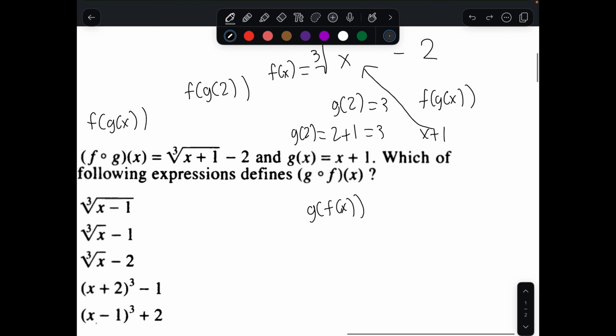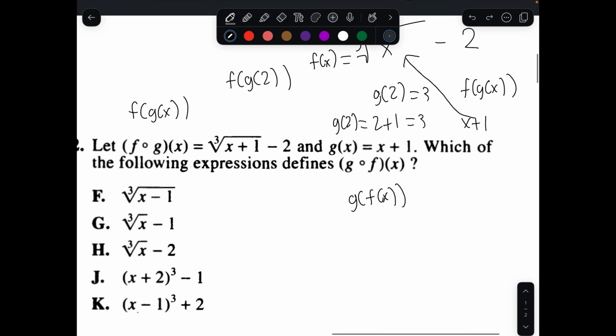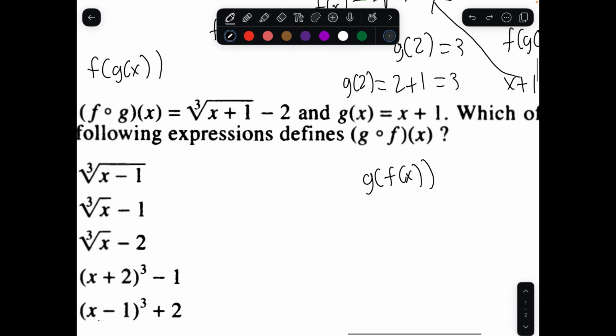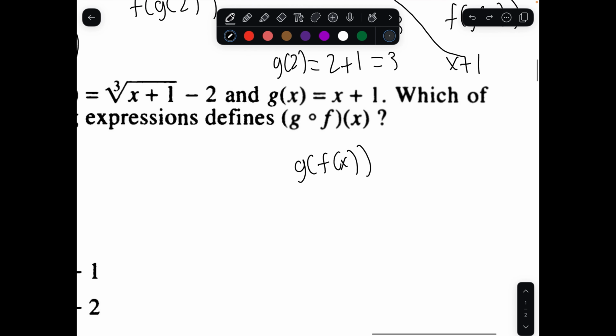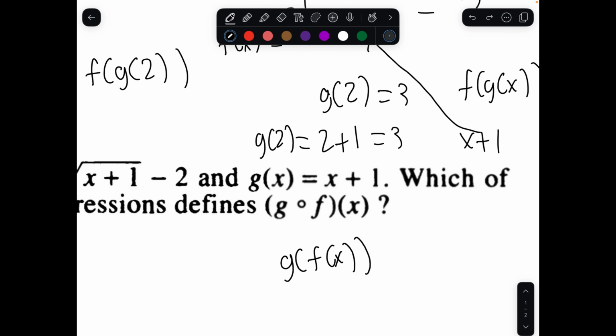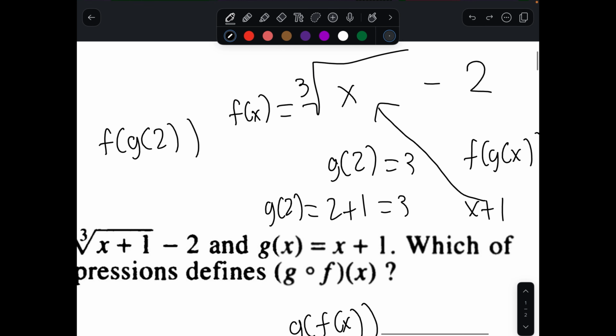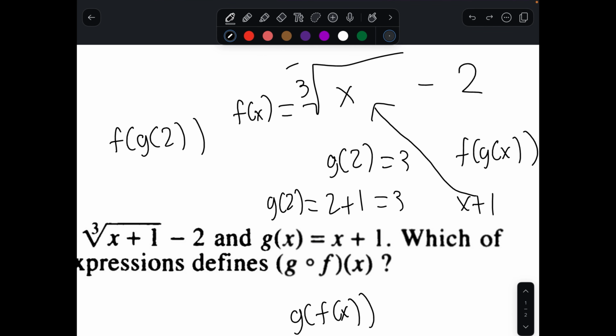So now it's asking us which of the following expressions defines g of f of x, which means we're going to plug in f of x into g, right? So wherever we see x in g of x, we just replace it with f of x.